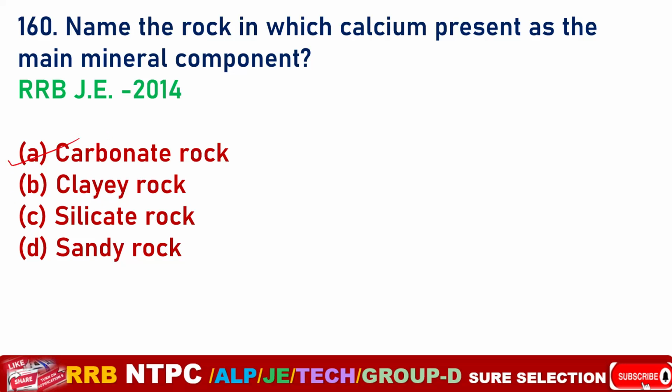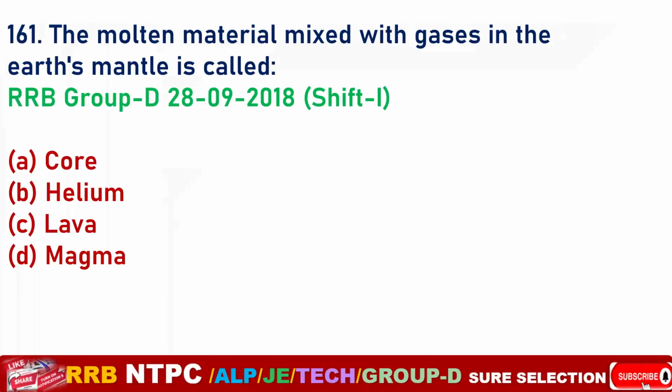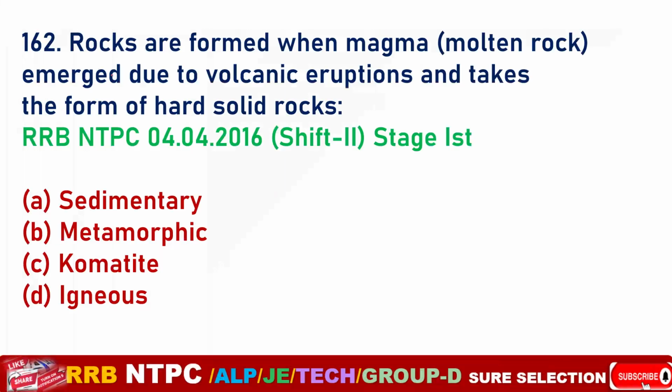The molten material mixed with gases in Earth's mantle is called magma. Rocks are formed when magma, molten rock, emerges due to volcanic eruptions and takes the form of hard solid rocks. That is called igneous rocks.